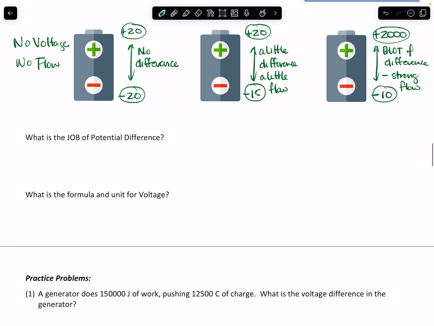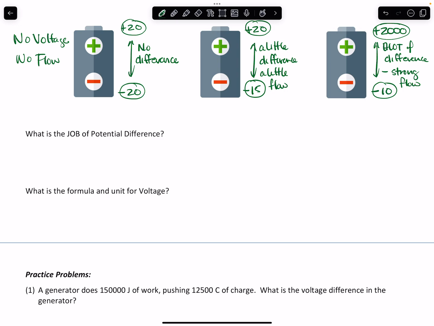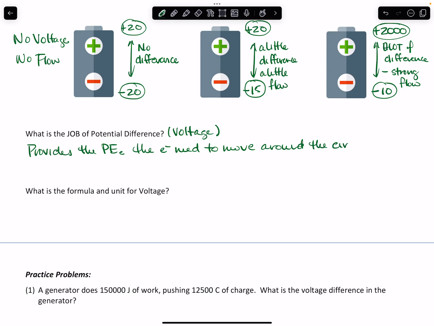So the job of potential difference, the job of that voltage, is that it provides the electrical potential energy that the electrons need to move around the circuit. If you think about it in terms of batteries, a AA battery is a 1.5 volt battery.